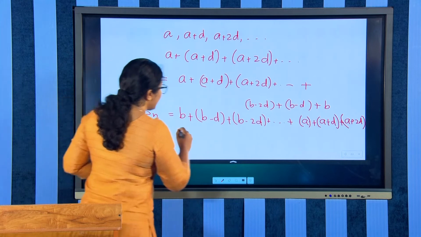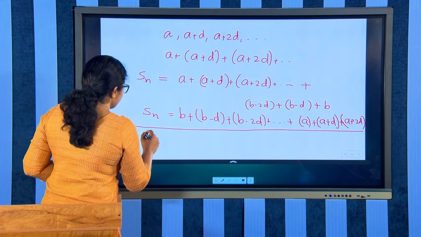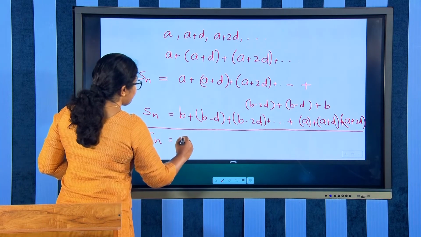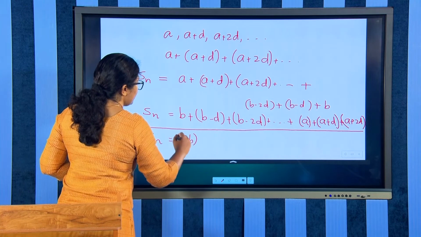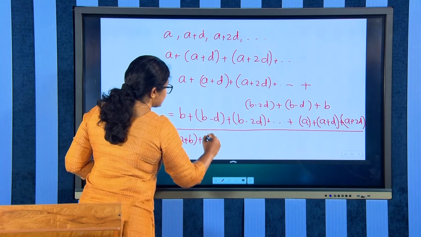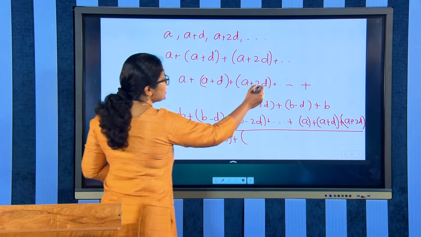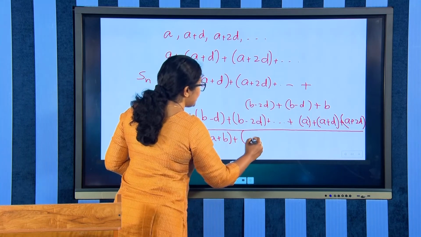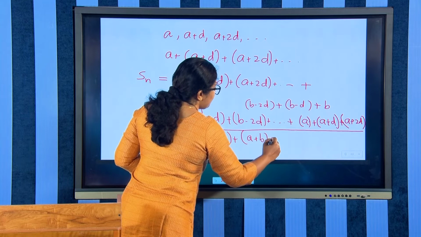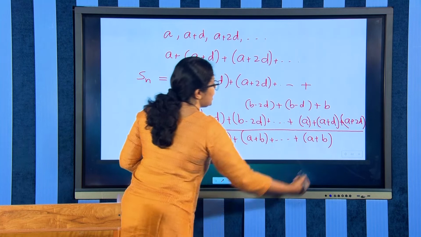So, if you add these two expressions together, what we get is twice Sn is equal to a plus b, plus, again this d and this d will get cancelled, you will get a plus b, plus, again 2d and minus 2d getting cancelled, you will get a plus b, plus etc. The last term also will be a plus b.